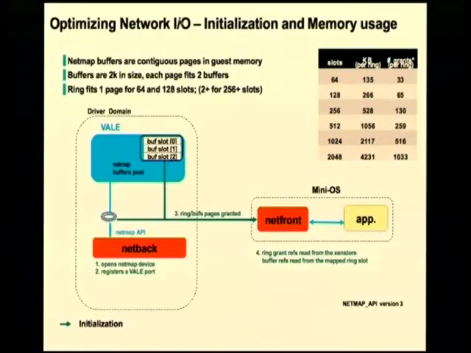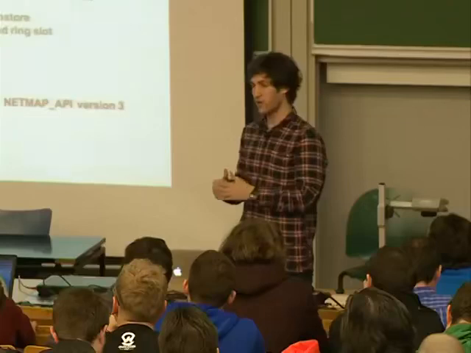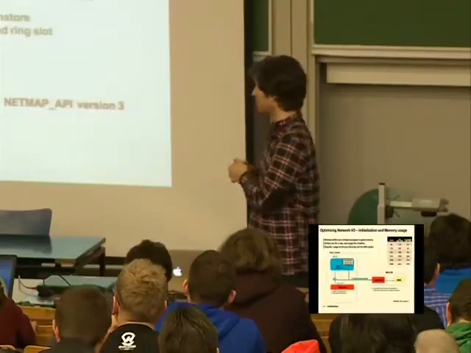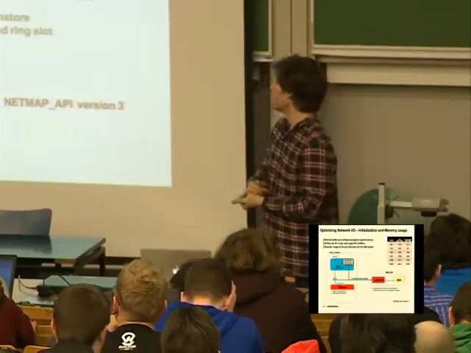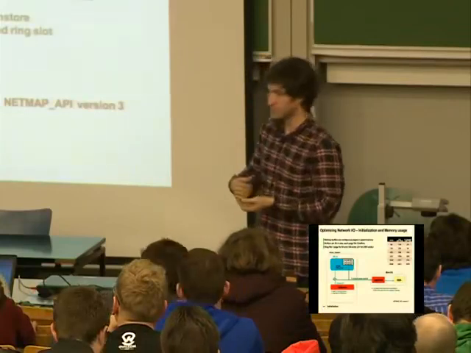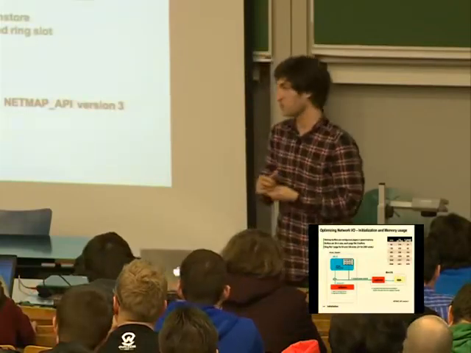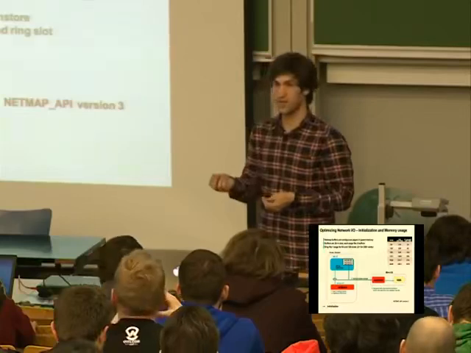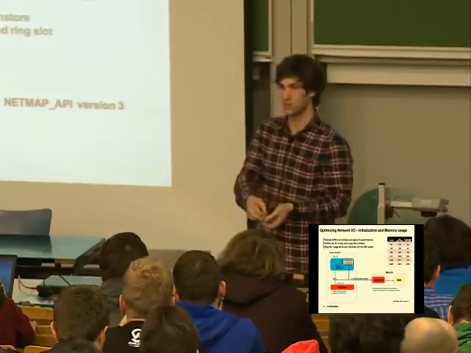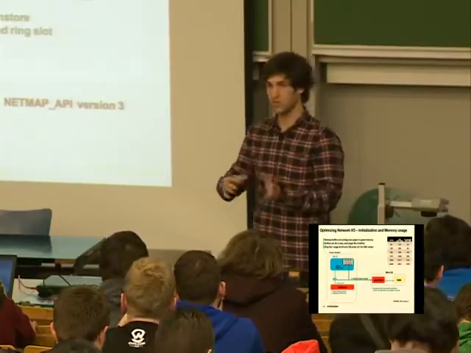Basically, the way NetMap works, you issue an IOCTL to open the NetMap device, and you do an IOCTL to register the interface to NetMap, which detaches the interface from the Linux host stack. Then our backend will grant the front end the ring and the buffers, including the grant references of the buffers inside the ring slots. The front end on the other side grabs the grants regarding the ring and reads the slots in order to map the rest of the buffers.